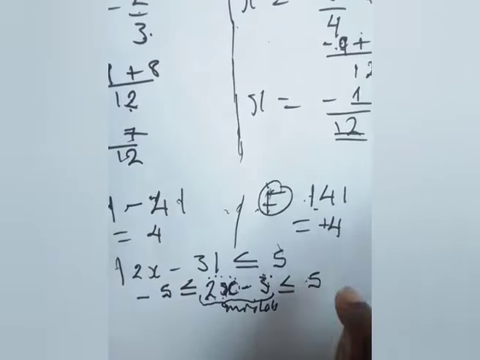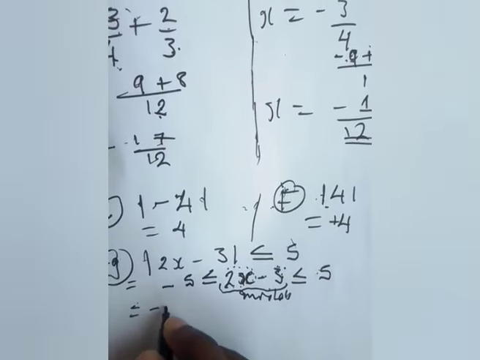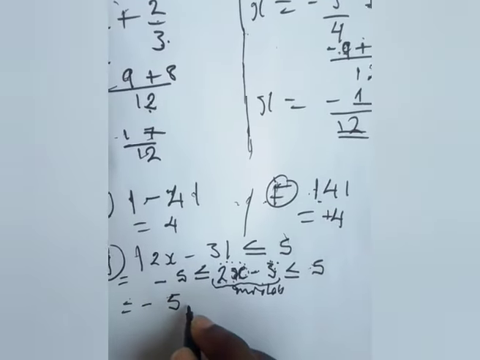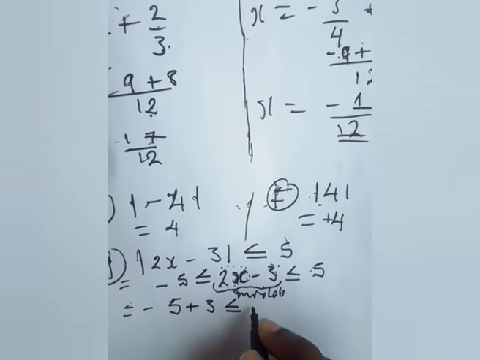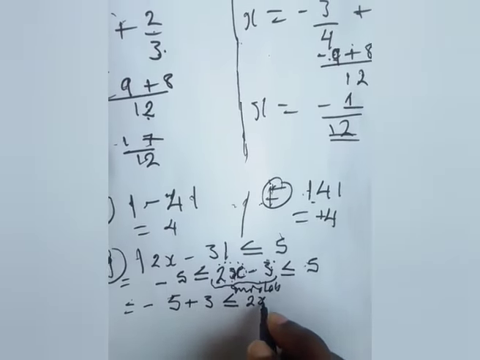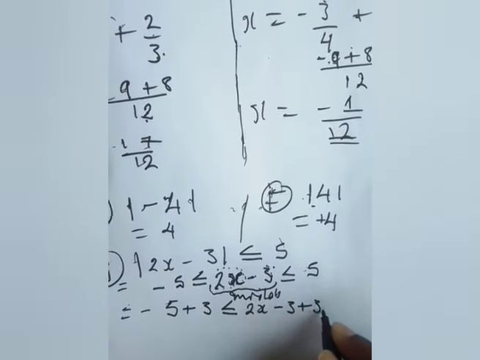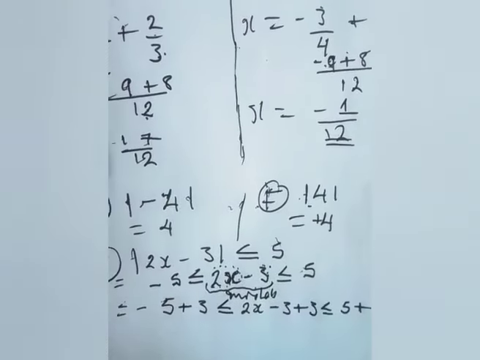So when you write your expression, it's going to look like this. So it's going to be -5 + 3 less than or equal to 2x - 3 + 3 less than or equal to 5 plus 3. Makes sense, right?